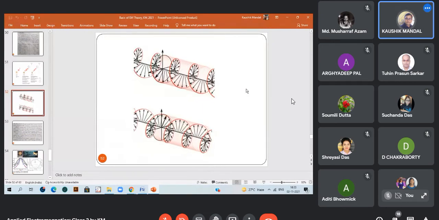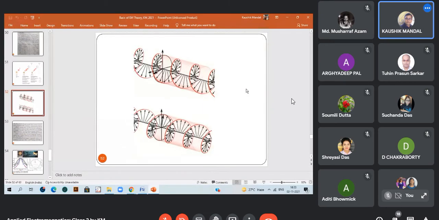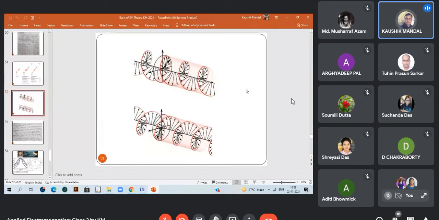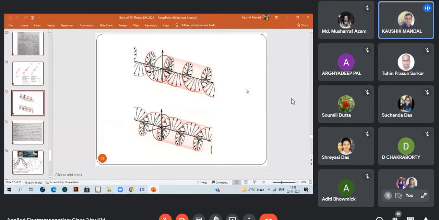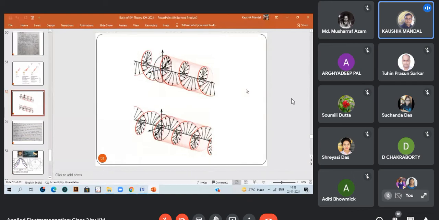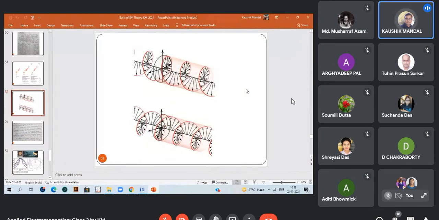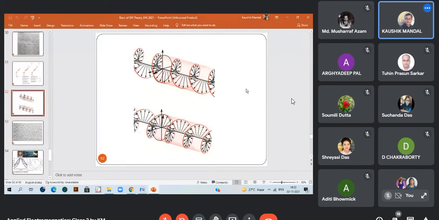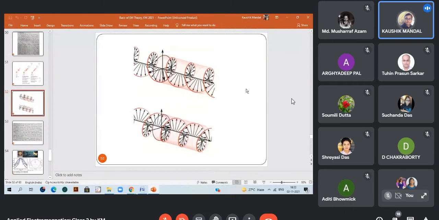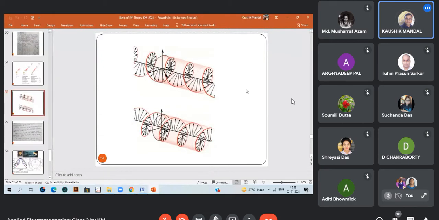Whereas in the next figure, if we take our right hand in the reverse way, the thumb will show the direction of propagation. So the upper one will be LHCP and the next one will be RHCP.